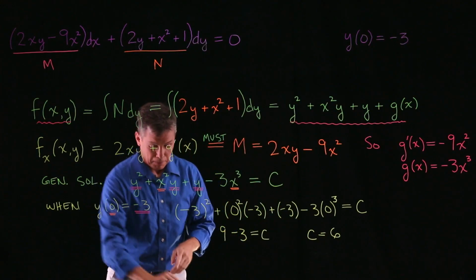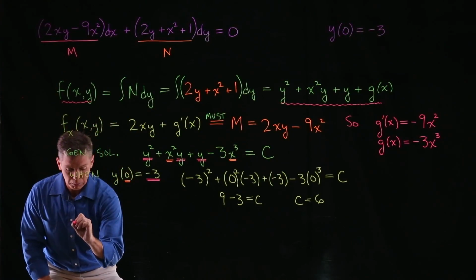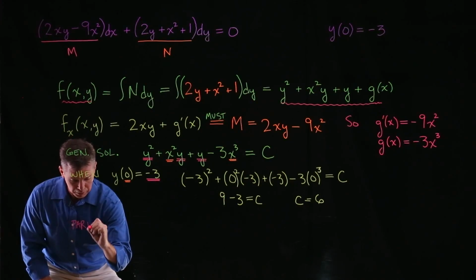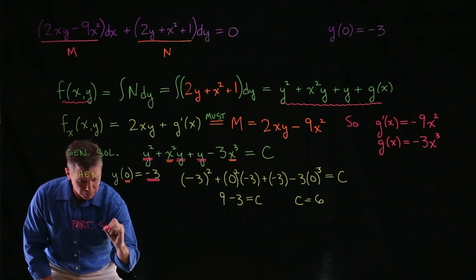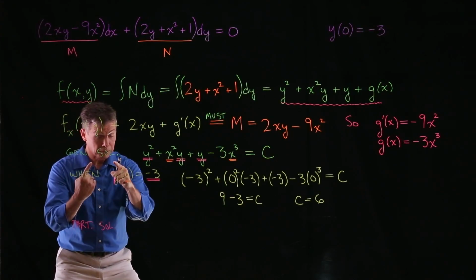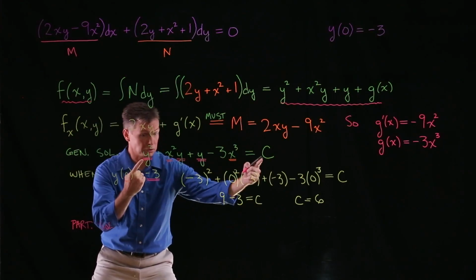That's good. And what color for our final answer? That means our particular solution is your general solution, but you now know the exact value for c. That's going to be our 6.